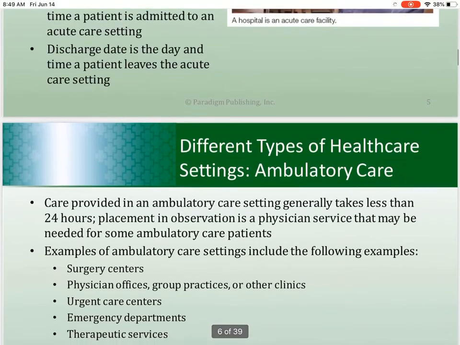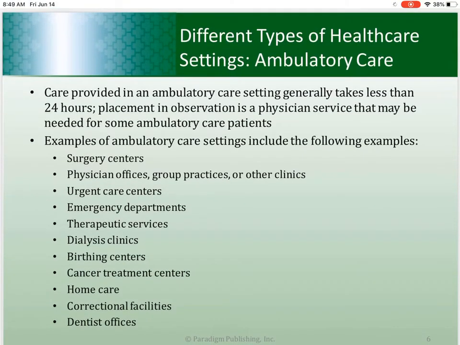Alright, so let's move down to our ambulatory care. Ambulatory care includes services provided to patients that do not require hospitalization or institutionalization. In most cases, the patient is discharged from the ambulatory care center in less than 24 hours. However, there are some exceptions to this rule, such as the patient who's placed in observation status.